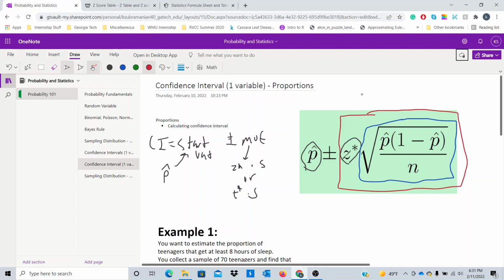The red is our margin of error. The black is the sample proportion, so this is like our statistic. The z star represents what we call a test statistic, usually either z star or t star. And the value in blue is the standard deviation for a sampling distribution of proportions.